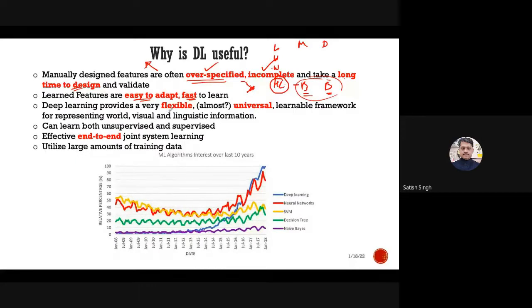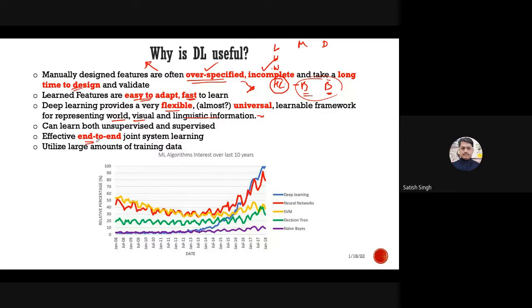Deep learning provides a very flexible, almost universal learnable framework for representing visual or linguistic information. Almost in each and every multimedia data, it may be speech, text, images, or video, whatever it is, deep learning is useful.